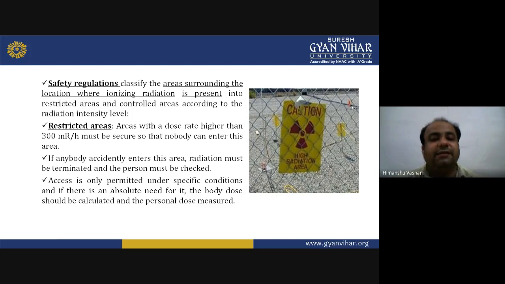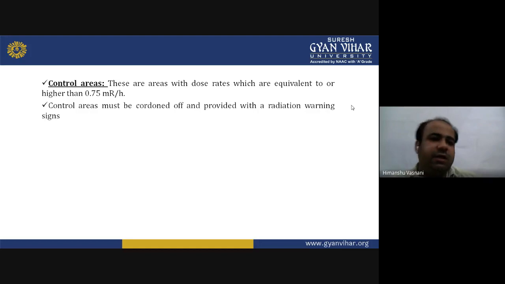Access is only permitted under specific conditions, and if there is an absolute need for it, the body dose should be calculated and the personal dose measured. Now, controlled areas are areas with dose rates equivalent to or higher than 0.75 mR per hour. A controlled area must be cordoned off and provided with radiation warning signs.